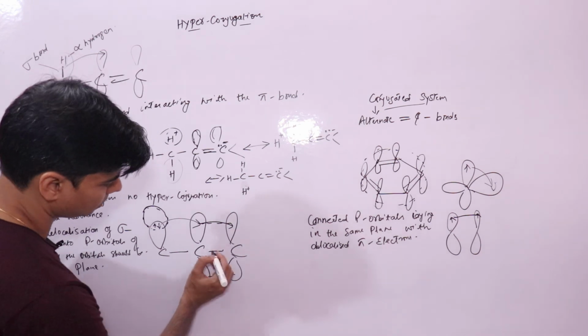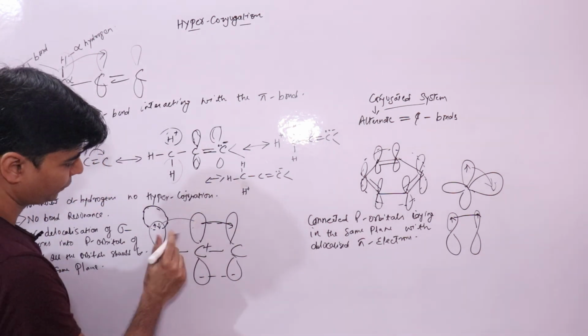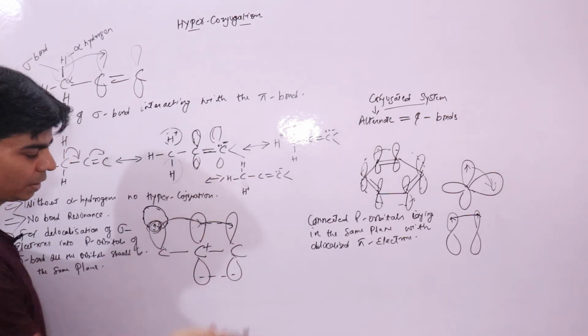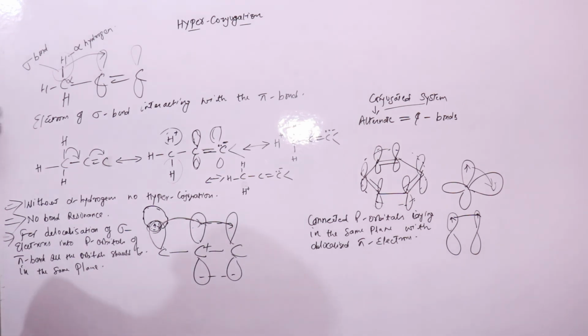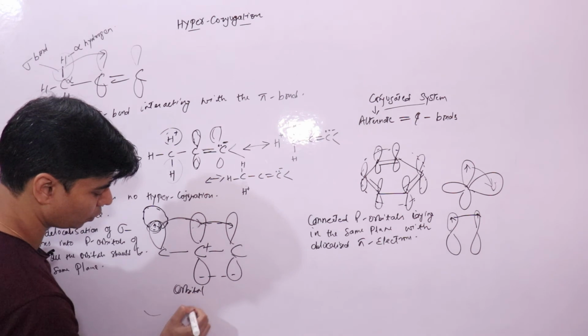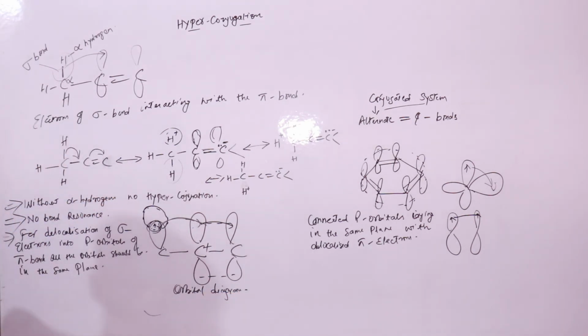Now suppose this is a carbocation, you don't have any electrons here, so this system of electrons can enter the p orbital due to hyperconjugation. This is your orbital diagram, where we are showing that all orbitals are in the same plane. I hope this is clear.